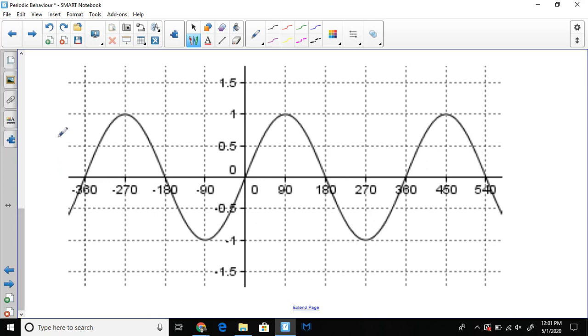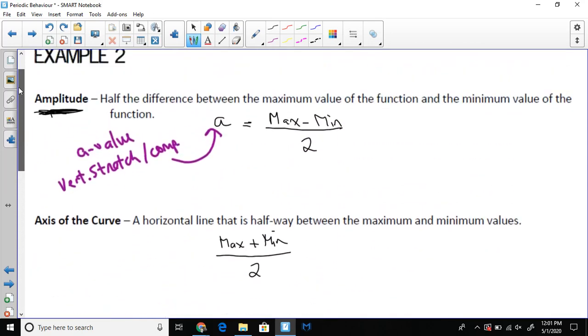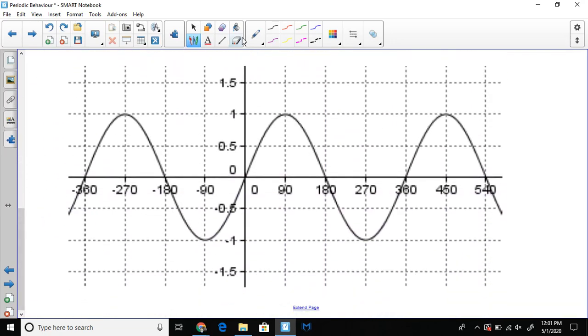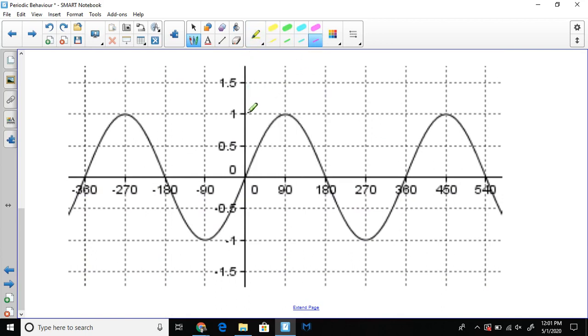Let's talk about amplitude. The amplitude is half the difference between the max value and the min value. So if I look here, this function has a max value of 1 and a min value of -1.